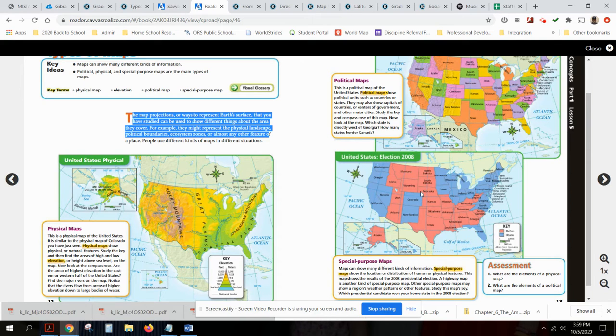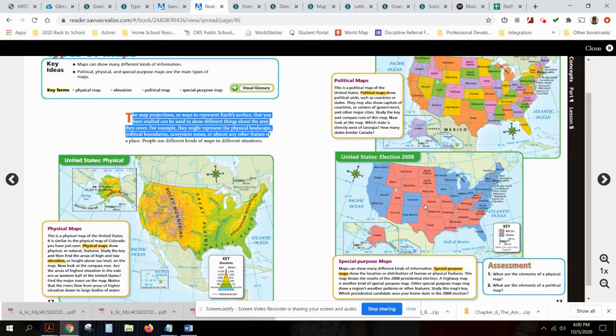This one here in particular shows the results of an election, but a map such as a demographic map that shows where the population density is, that is also a special purpose map, but it shows human features, as does this. You could look at a map that shows maybe climate or rainfall.